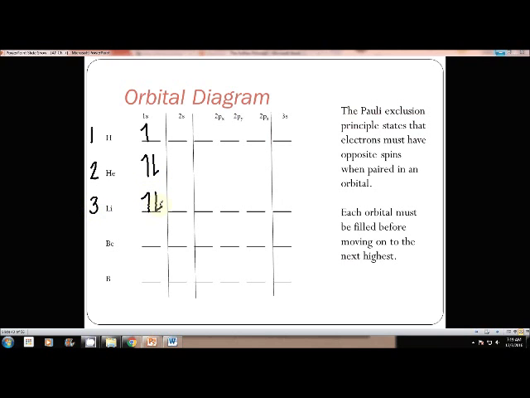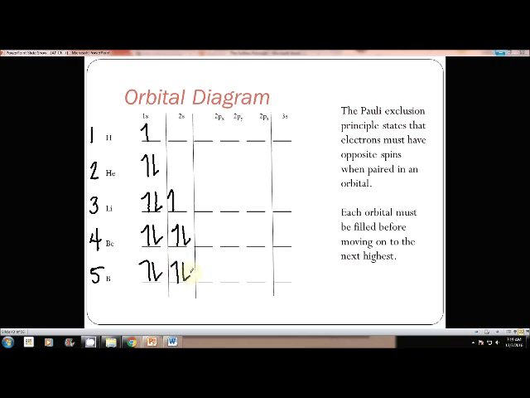The first 2 are just like helium, but now that's full, so we move on to the 2s, and we go back to pointing upward. Beryllium has 4, so 1, 2, 3, 4. The second orbital, 2s, has 2 electrons of opposite spin, so now that is full as well. I hope that you guys are seeing the pattern.